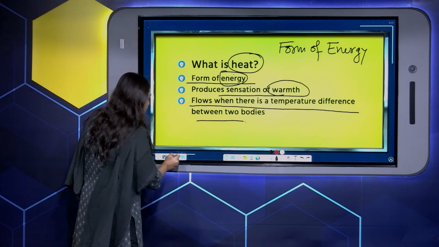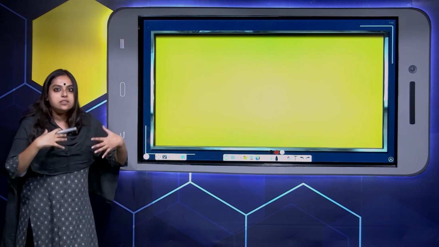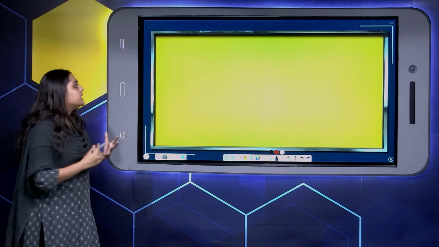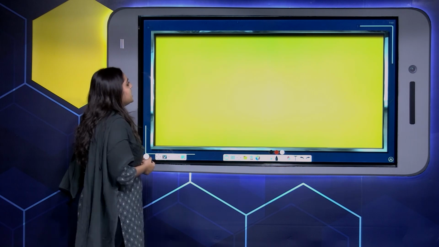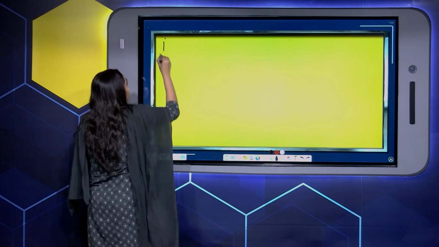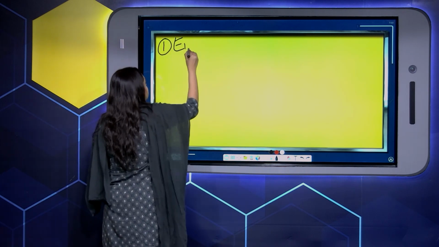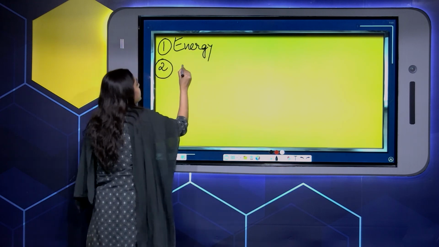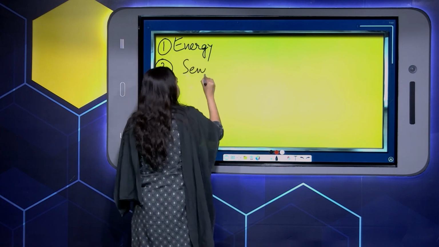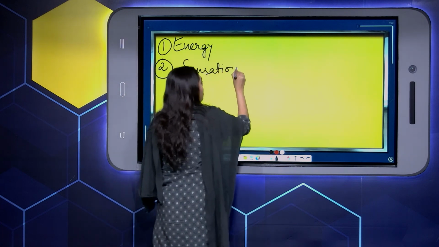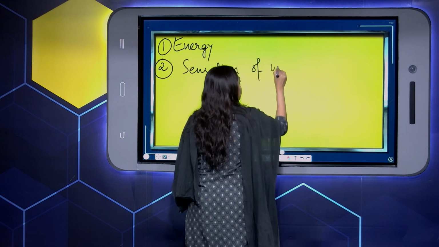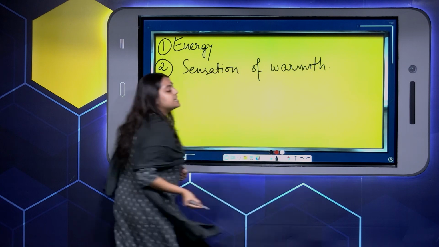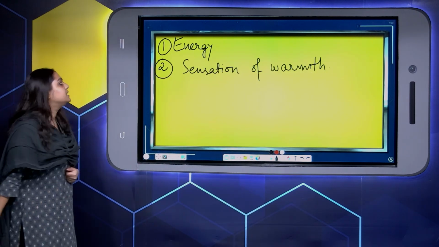Let's come to another, deeper area. We know heat is a form of energy, right? And it produces a sensation of warmth, right? And what is the third point that we have learned?